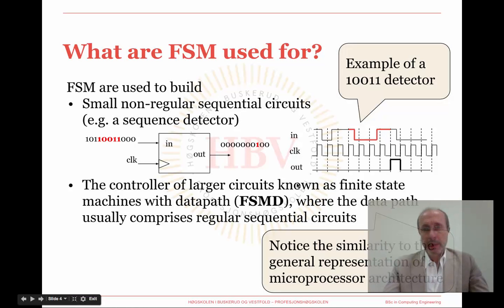Well, finite state machines, either Mealy or Moore, are normally used to build small sequential circuits that cannot be implemented using regular structures like counters or shift registers.